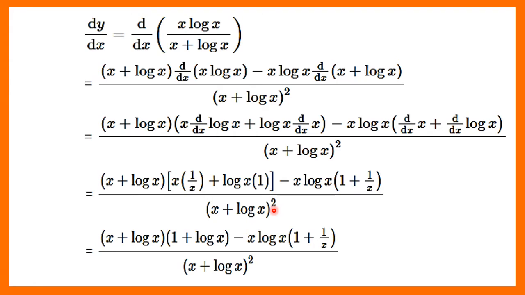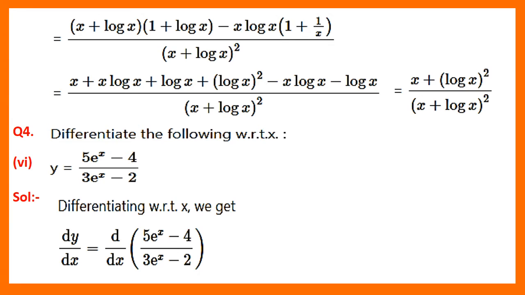Now x plus log x into the first bracket will be x, will get cancelled here in the first term, then it will be 1 plus log x minus x log x into 1 plus 1 by x, the whole divided by x plus log x the whole square.